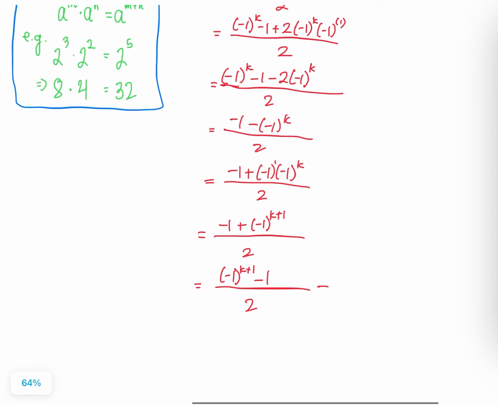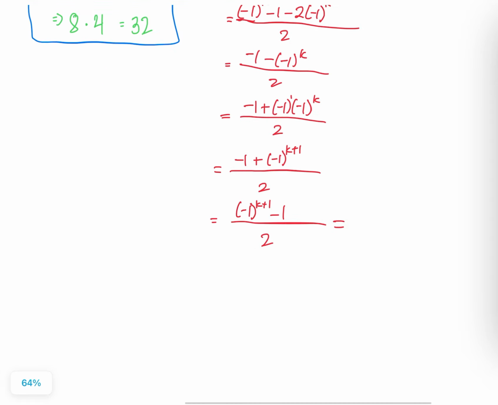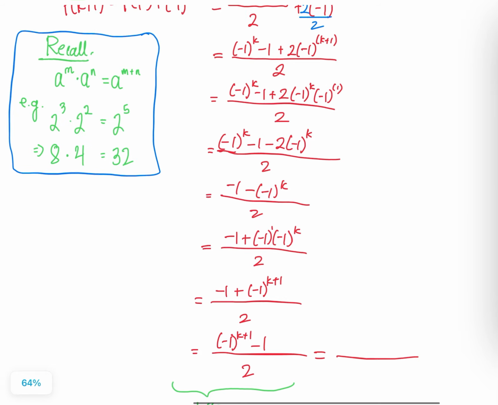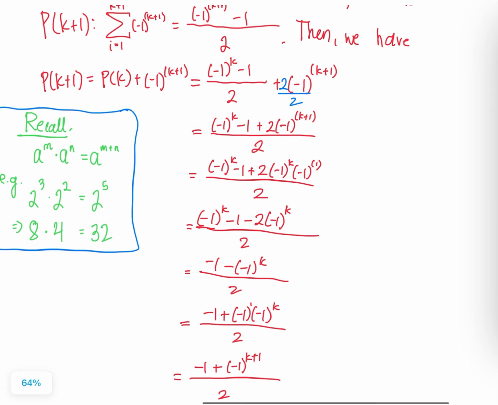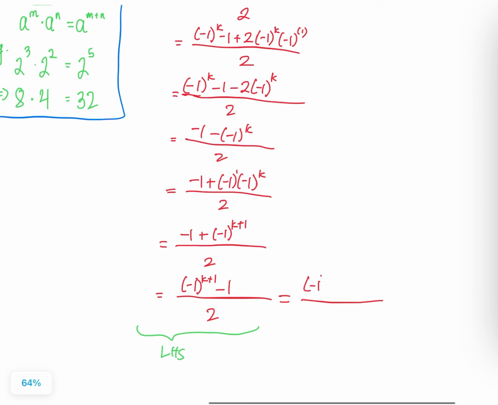Okay, so this is equal to, let me just highlight that this is our left-hand side, which is equal to, what's our right-hand side? Actually, that's basically it. Negative 1 raised to k plus 1 minus 1 over 2.